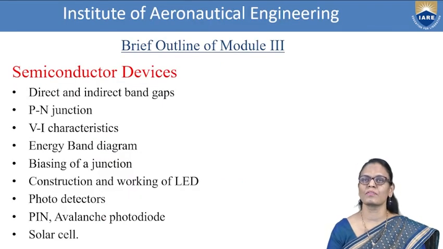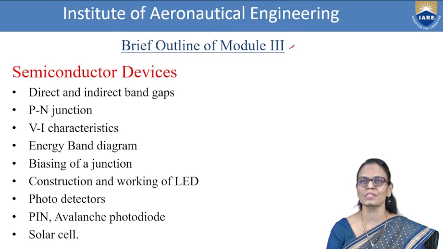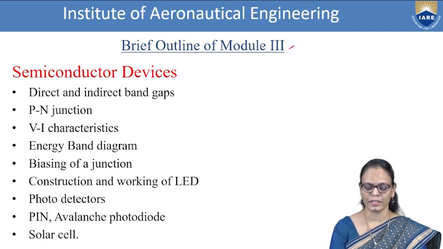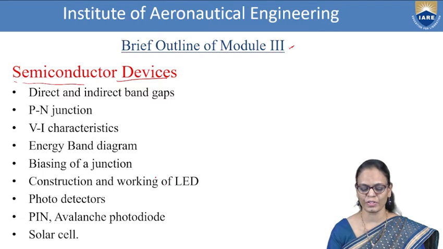So with this, we are going to start with the discussion of definitions and terminology involved in Module 3 of the course Applied Physics, and the name of the module is Semiconductor Devices. So let us see the brief outline. What we have here: direct and indirect band gaps.